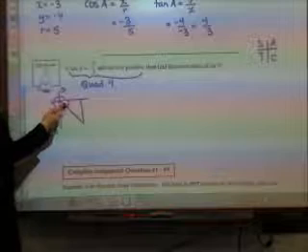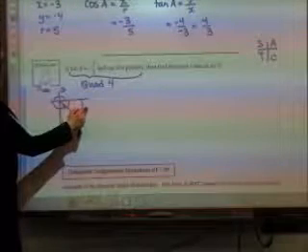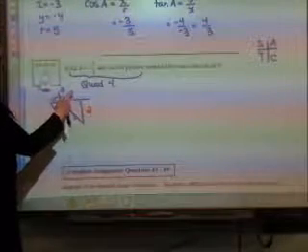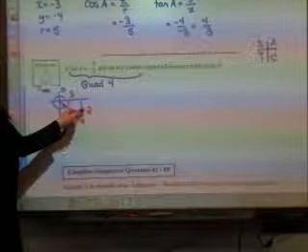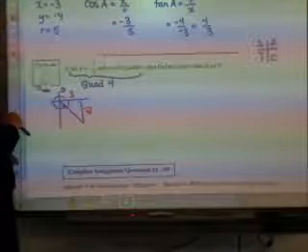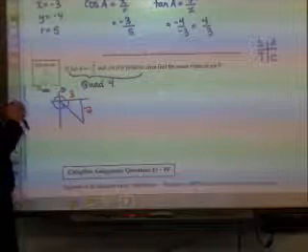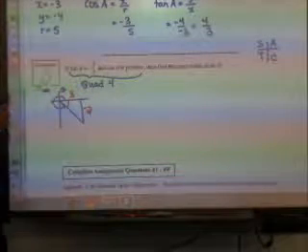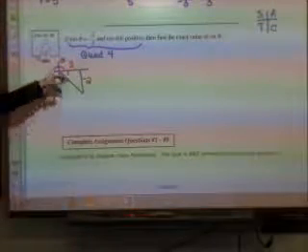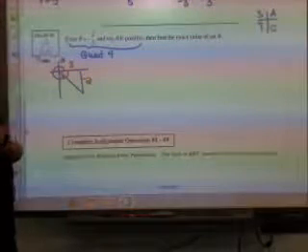So in my reference angle, opposite would be 2, adjacent would be 3. And it's the opposite that is my negative, because I'm in the 4th quadrant. So drawing it out can help to determine which one should be positive and which one should be negative.